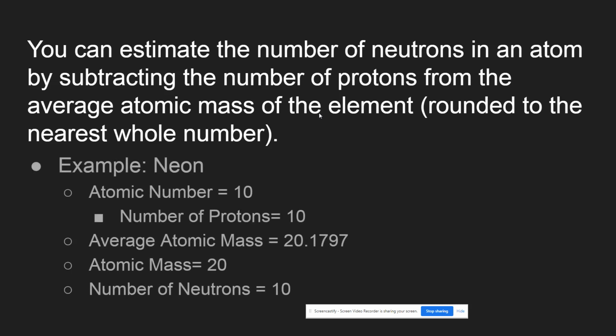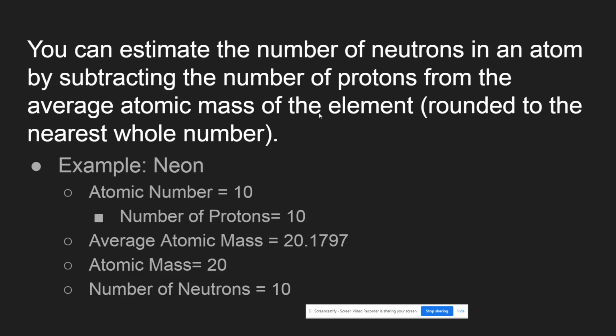Another example: let's look at neon. Neon has the atomic number of 10, which tells me I have 10 protons. The average atomic mass I take right from the periodic table: 20.1797. If you look at your periodic table in the textbook, it's 20.18.